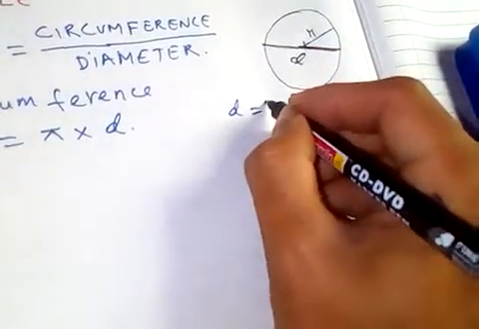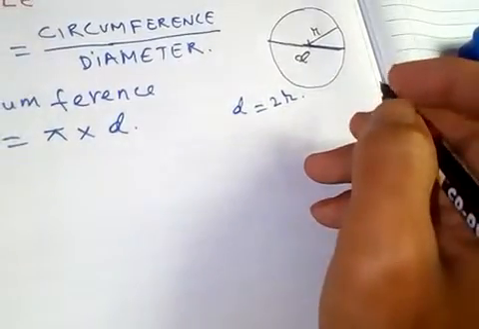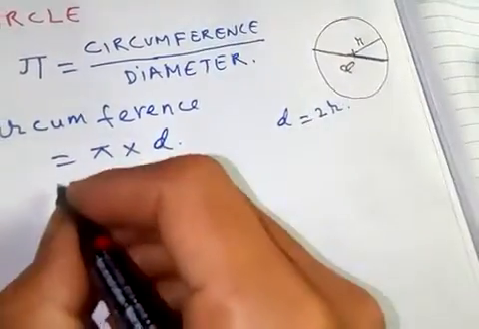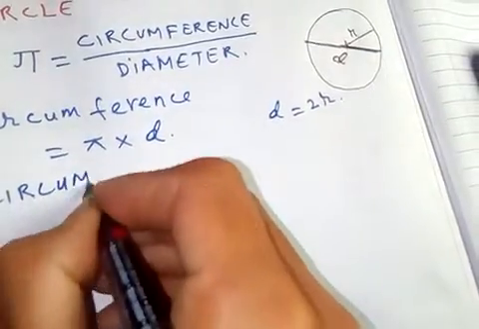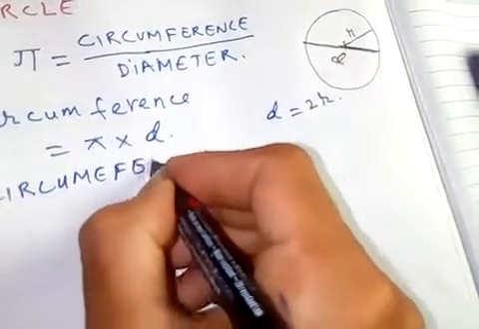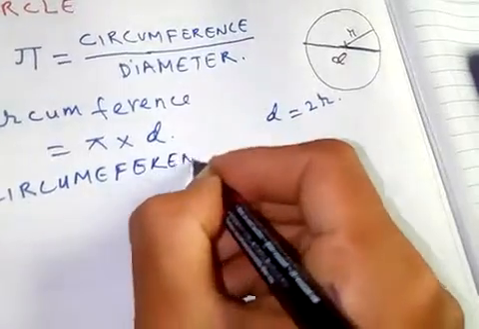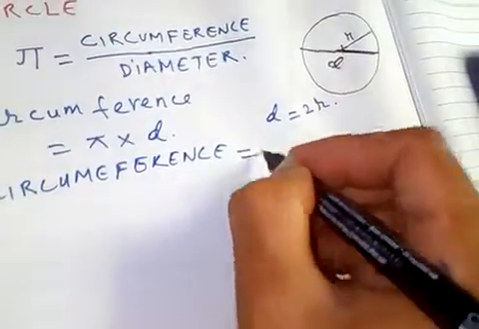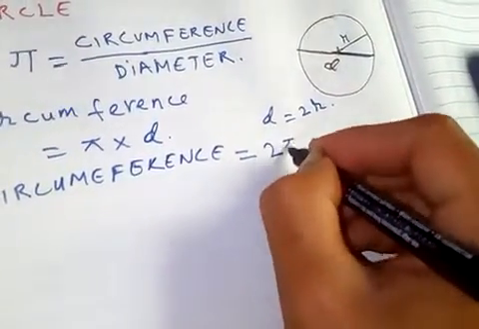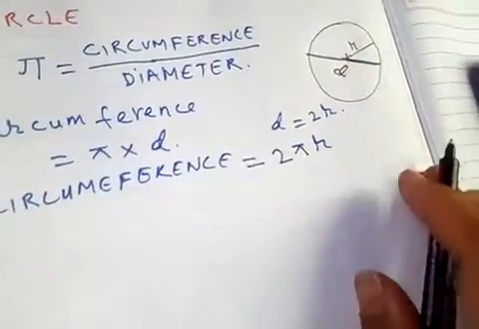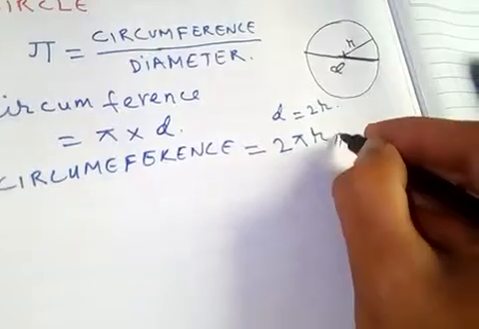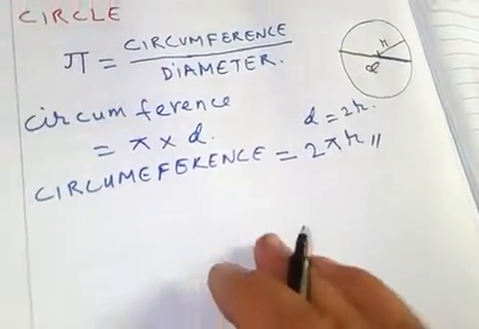That means 2 times radius. Am I right? So the circumference of a circle is 2 pi r, or pi into diameter. Okay, this is the circumference of a circle.